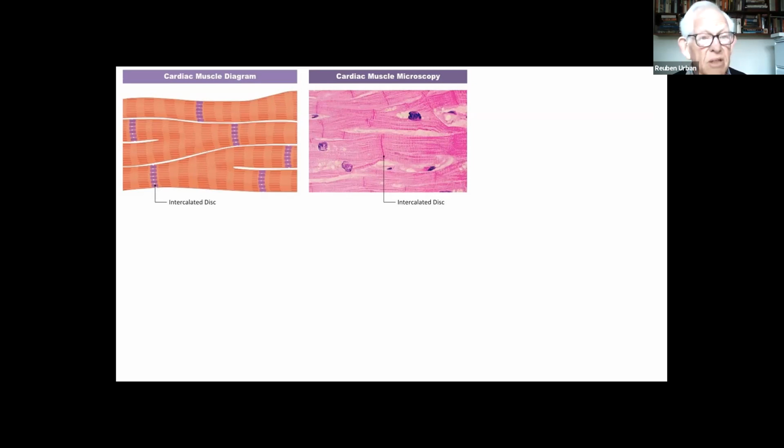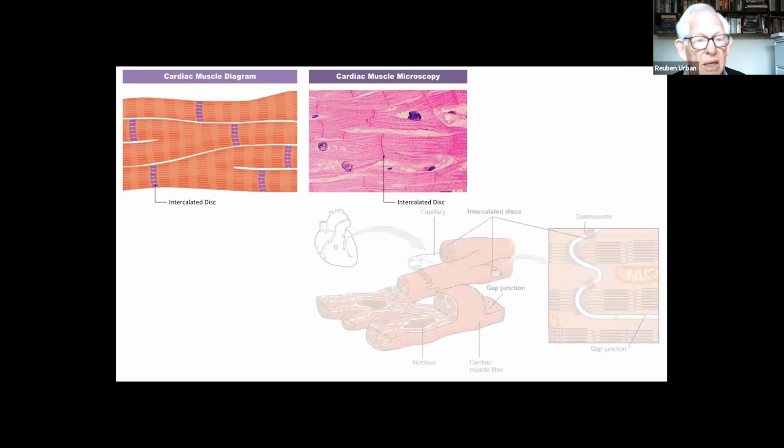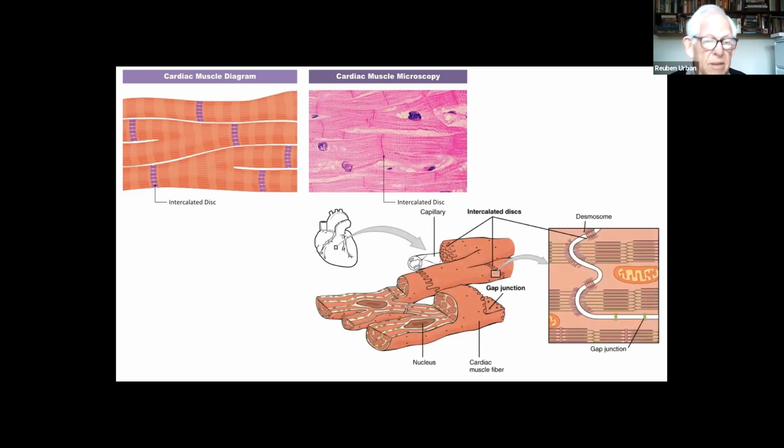It's got the bands in it, slide bands, but these all are intertwined, so everything works together. So you've got what are called intercalated discs. What they do, they sort of keep everything together. Everything moves together.